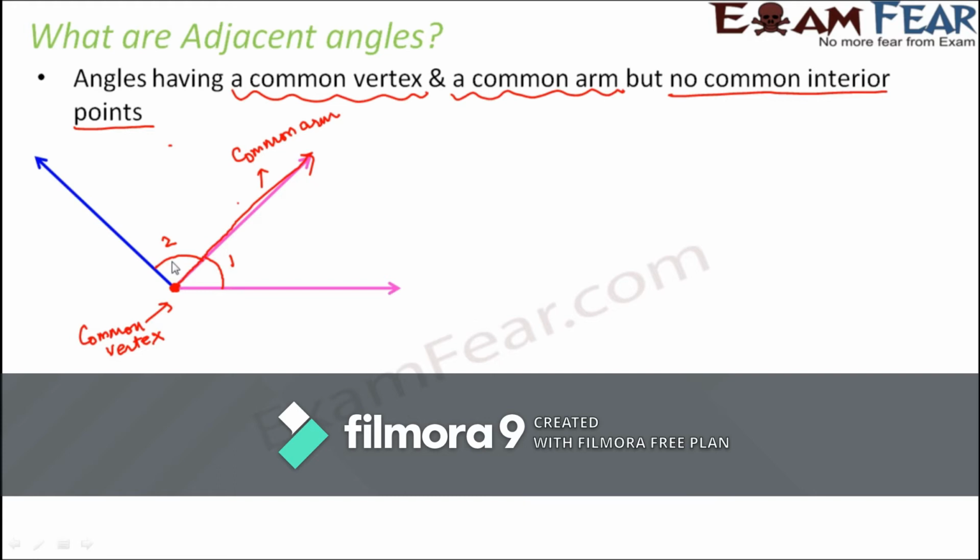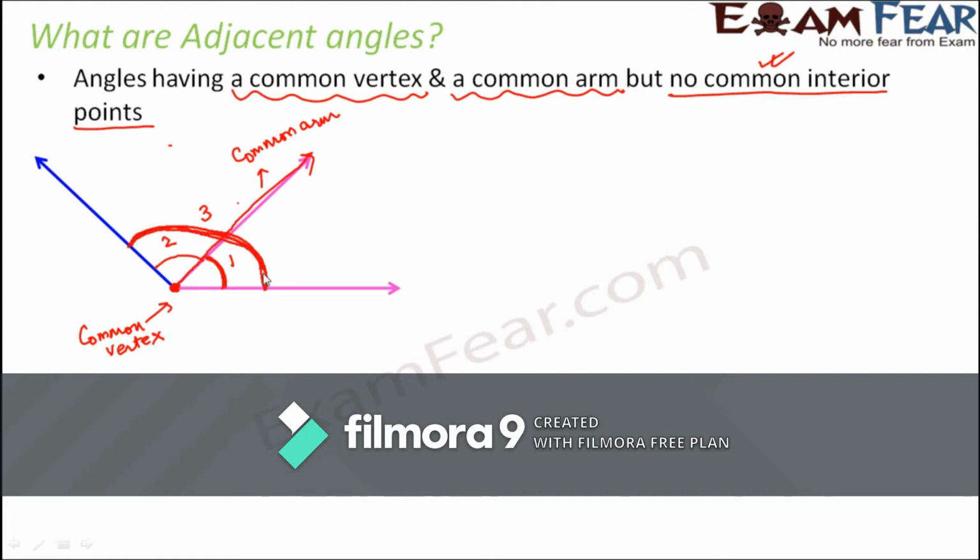Now you might ask that, okay, only with common vertex and common arm we can see whether they are adjacent or not. So why do we need this third criterion that they should not have any common interior points? That is because, let us say I ask you whether angle 1 and this angle, let me call this angle 3, are adjacent.